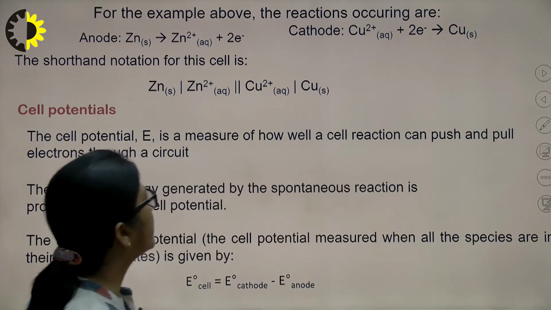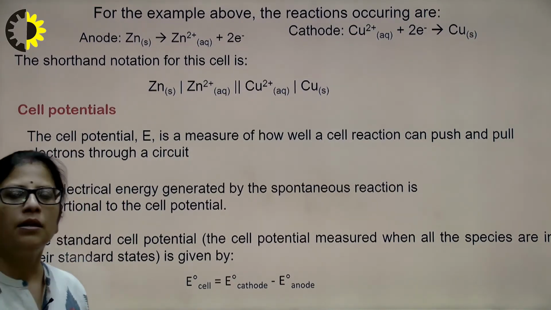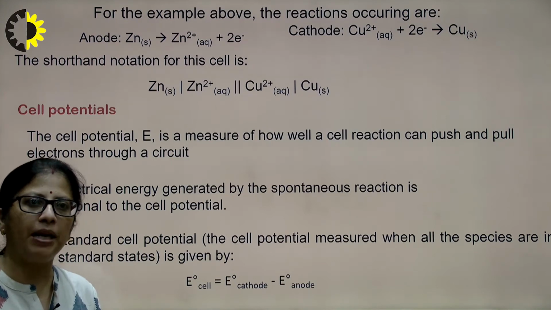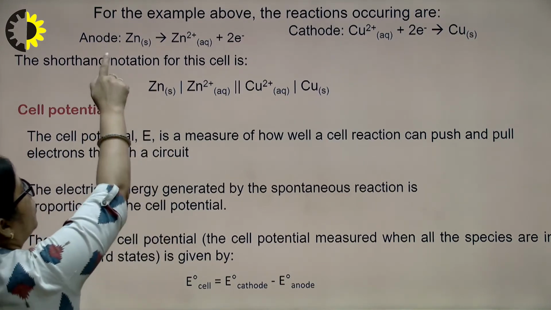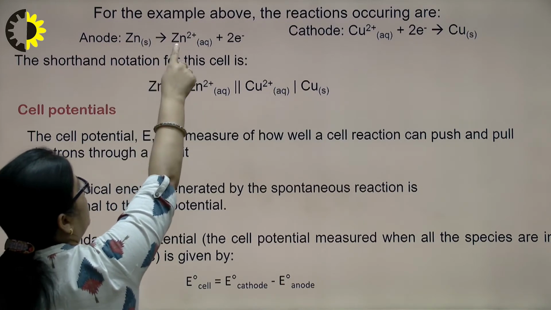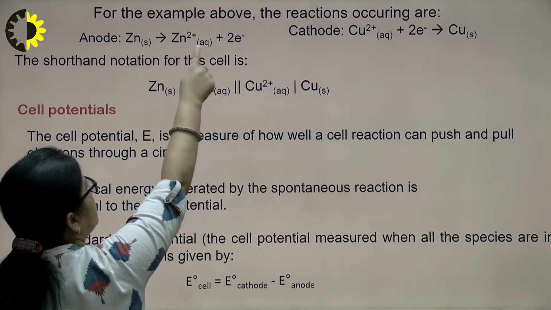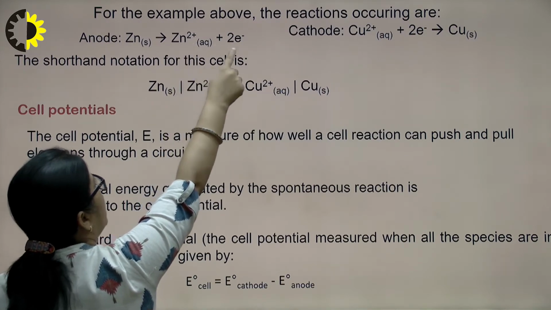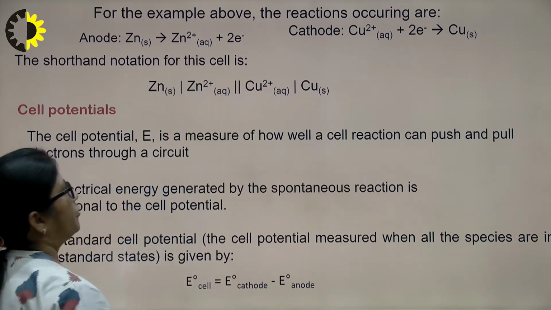Now, in the above example, the different reactions which are going to take place: here at the anode, the zinc is going to lose electrons and get converted into the zinc ion. So, Zn2+ is going to be formed and it will release 2 electrons.